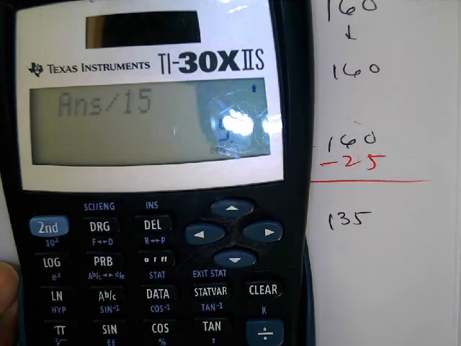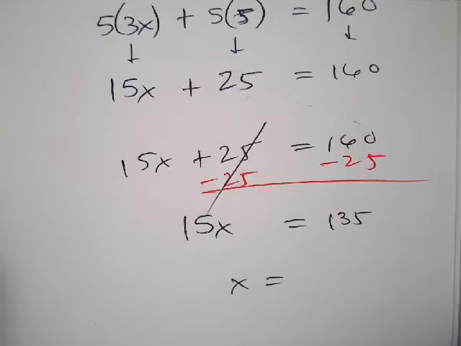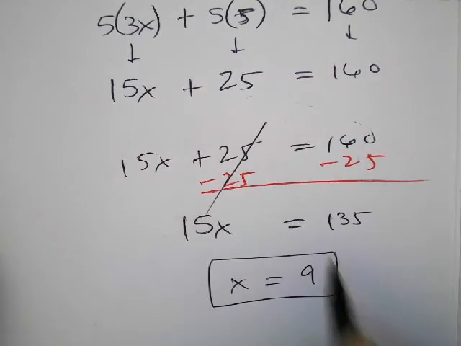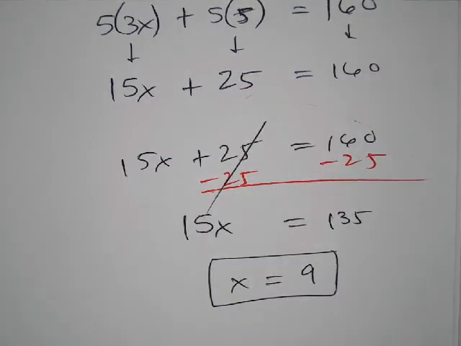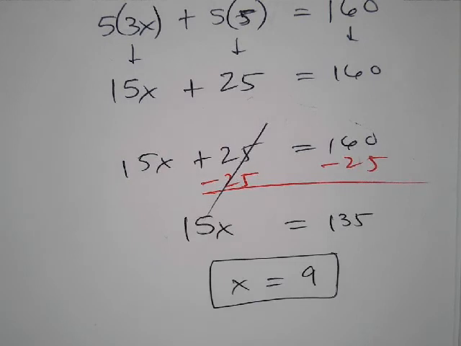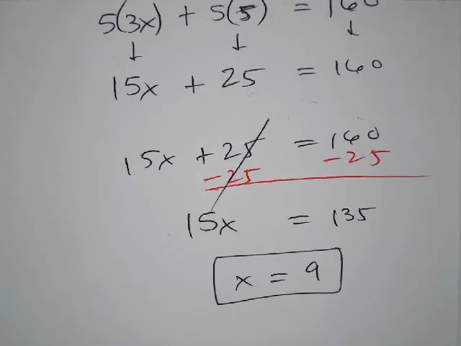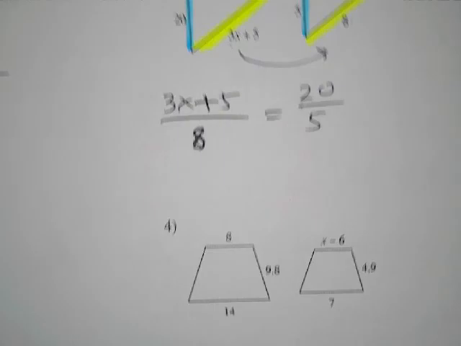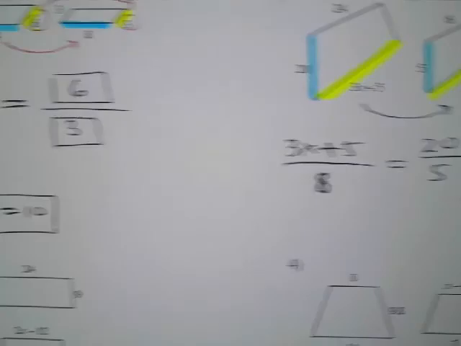And then when you divide 135 by 15, the answer is 9. Okay, that's the second one. The other ones I'll go a little bit quicker, right? I'll just set up the proportion.